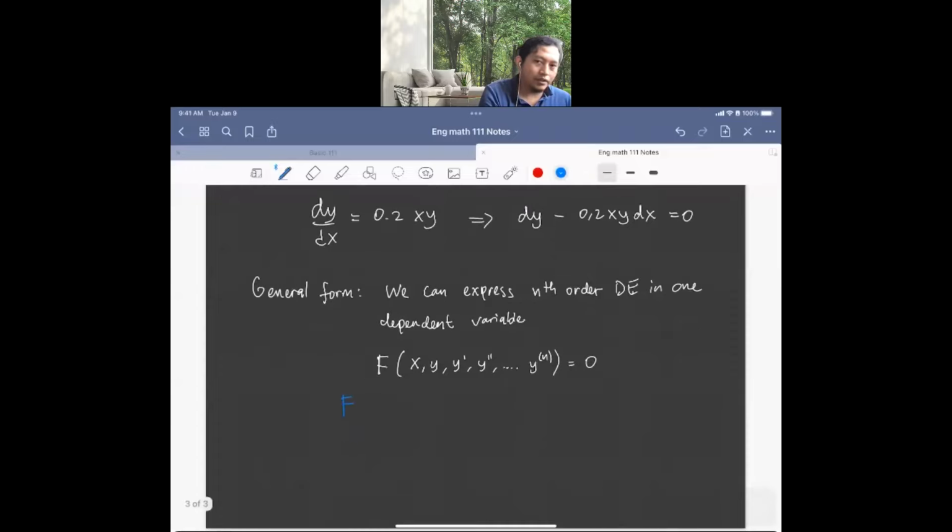So f is a real-valued function of n plus 2 variables.